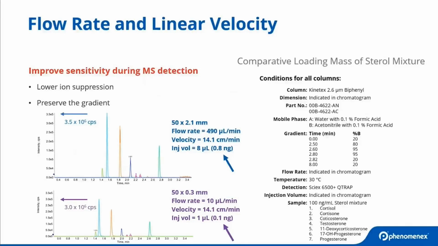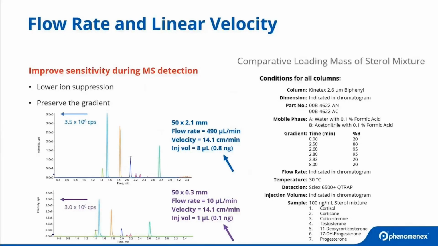The linear velocity has been preserved. The flow rate has been scaled proportionally. And you'll see that, one, we are maintaining the same time points for the gradient, achieving more or less the same, comparable retention times.